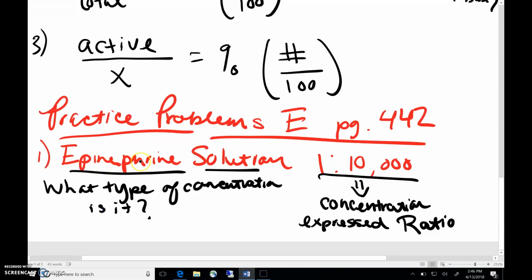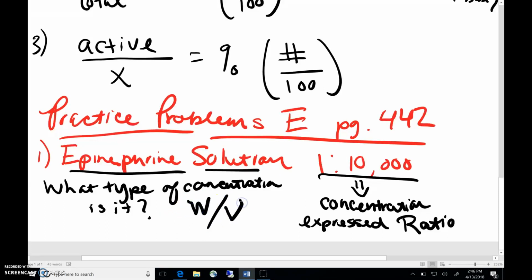Well, it says epinephrine solution 1 to 10,000. I'm going to tell you guys now that based off of the instructions, it says on the second line to indicate the weight of active ingredient per 100 milliliters. Then that means that the type of concentration is what?